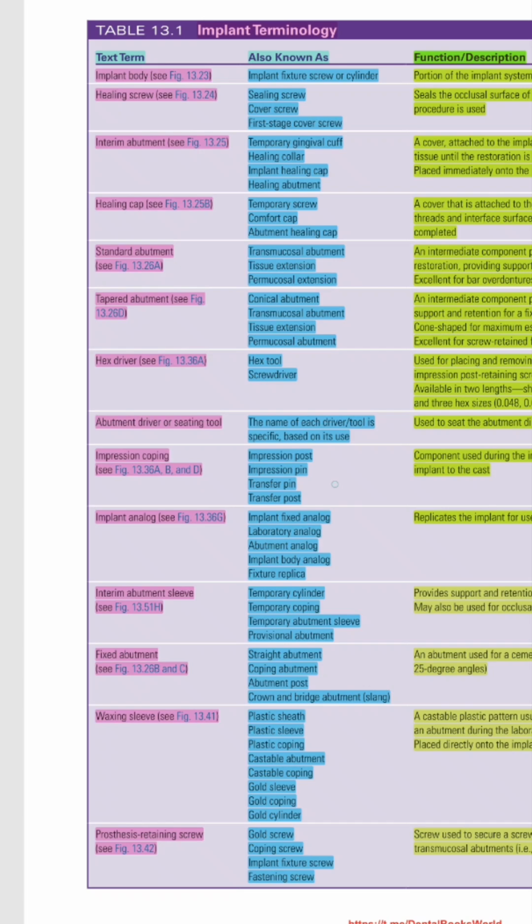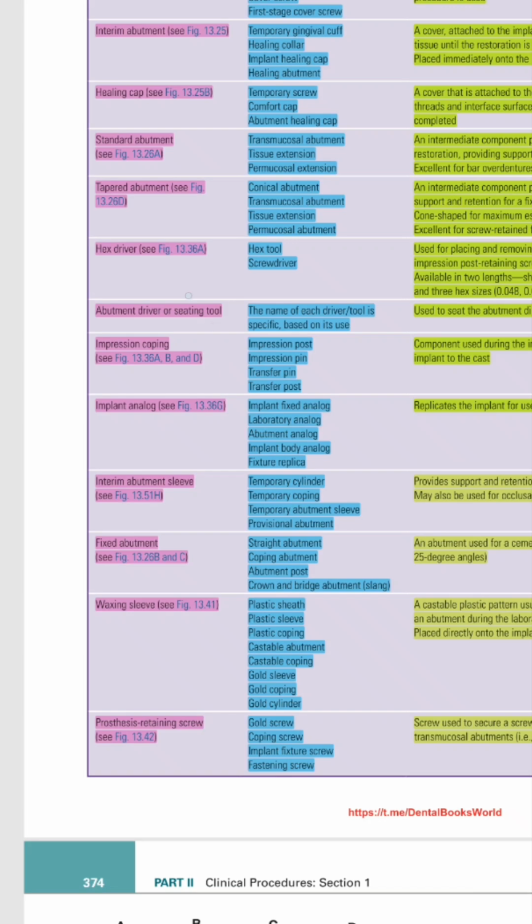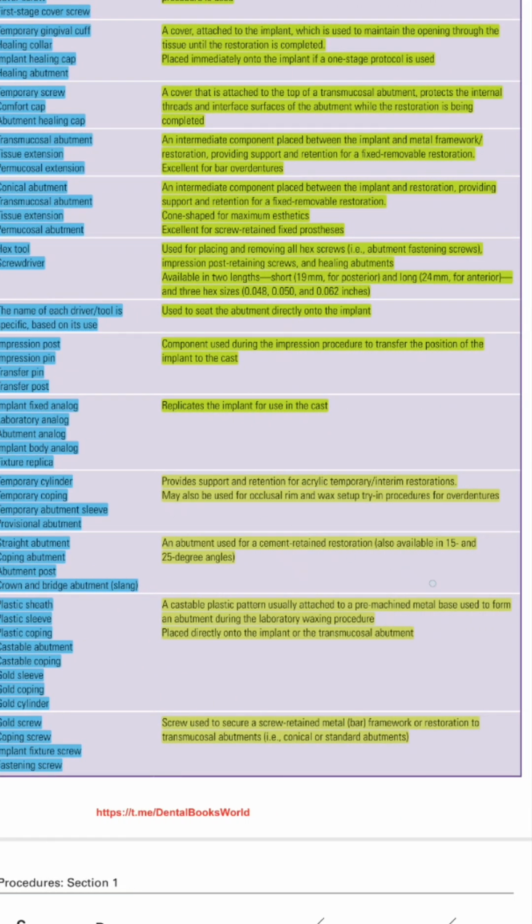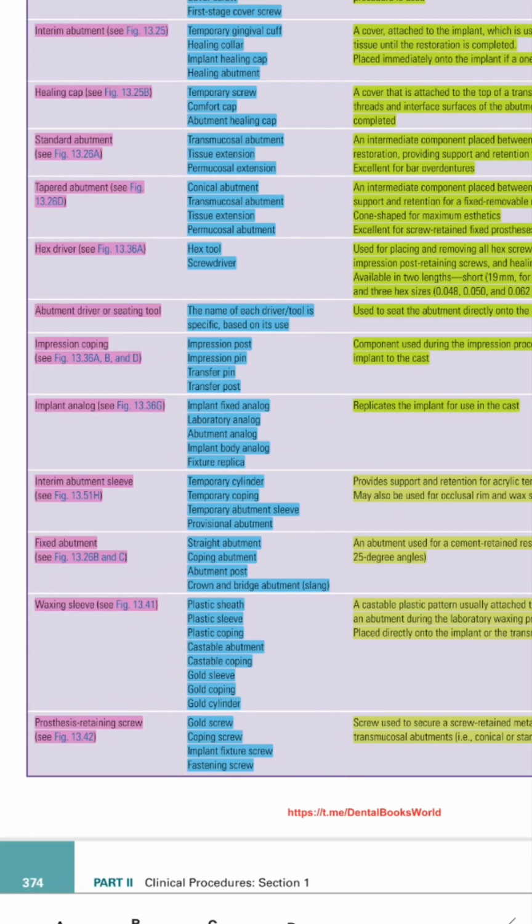We have seen the types of abutments and how they can be angulated or tapered. We have seen the hex driver, which is used to place and remove the screws that fix the abutment to the implant, and it can be short, 19 millimeter, for the posterior area, and long, 24 millimeter, for the anterior area.